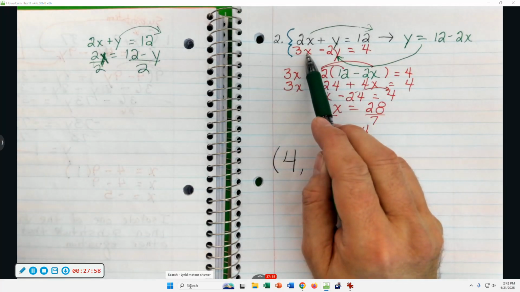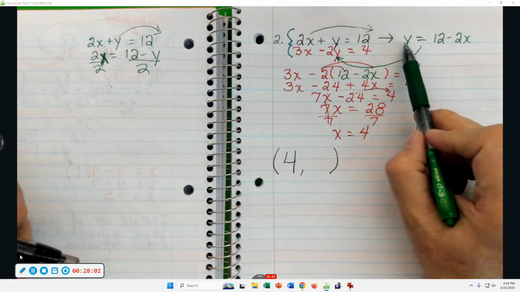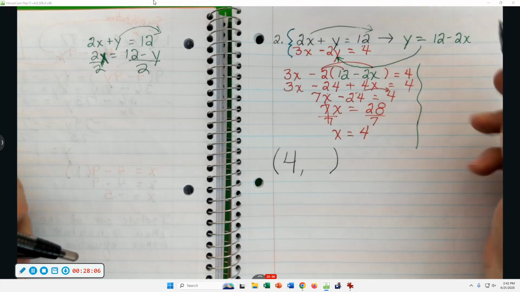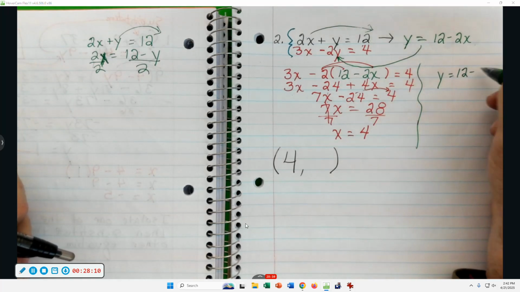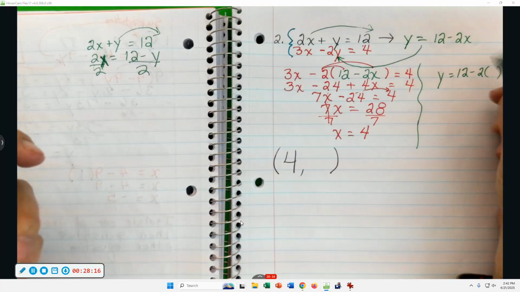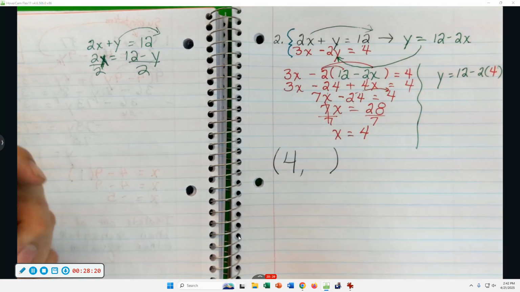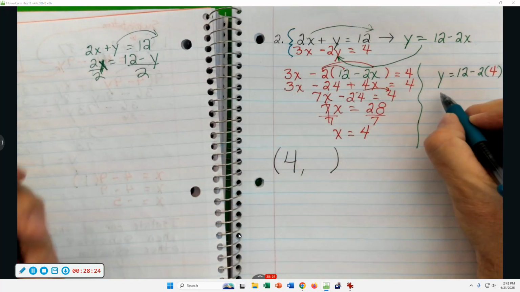Or you could use here, or heck, what about this one right here? The y is already by itself. If I plug the 4 in right there, is that going to give me y equals pretty easily? What would I have?